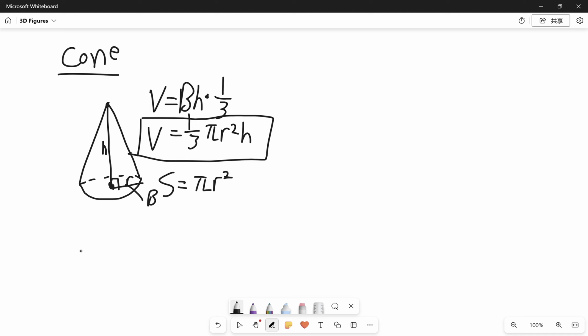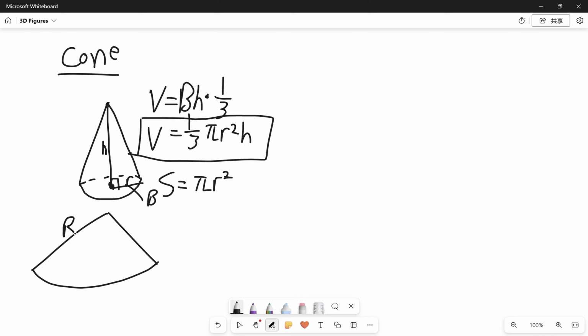So that's our volume. What about the surface area? Firstly, the area of the circle is pi r squared. Secondly, the area of this side surface. We don't know that, but if you open that up, you actually get a sector of a circle, because if you wrap the bottom edge around, you get a circle.